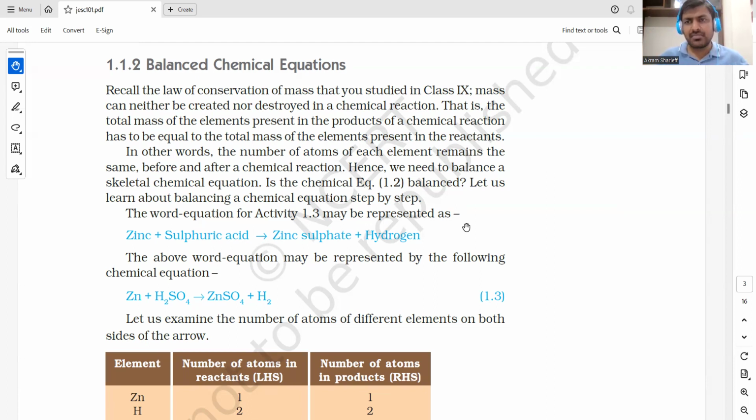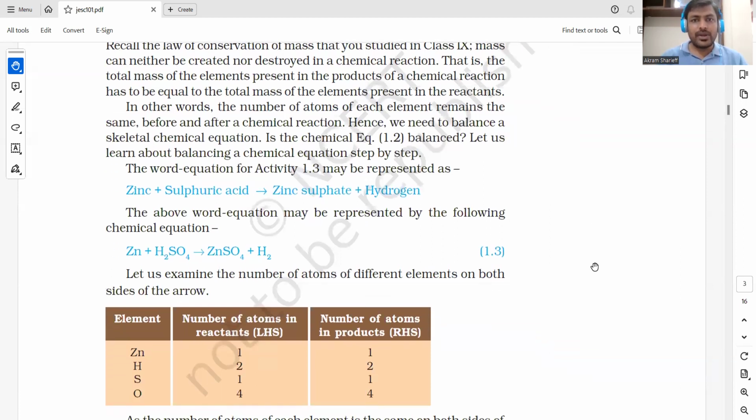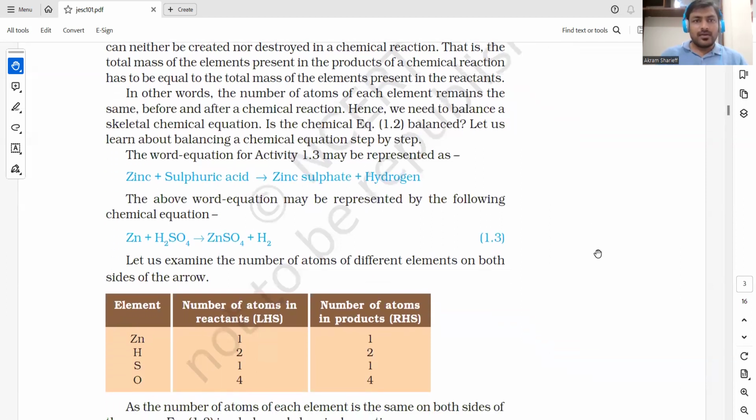That is fixed. Mass cannot be created, cannot be destroyed. Okay. So we will see how we are doing a balance. So in other words, the number of atoms of each element remains the same before and after a chemical reaction. Hence, we need to do a balancing of this chemical equation, which we saw in 1.2. So you saw that 1.2 was not balanced.